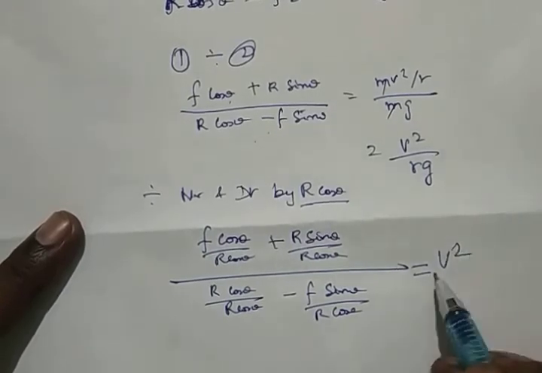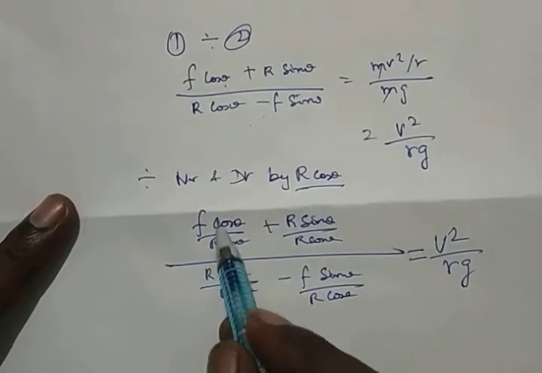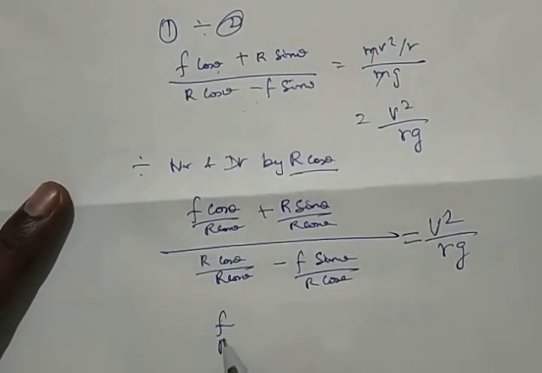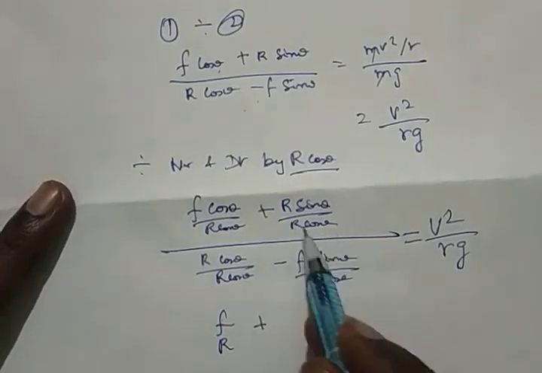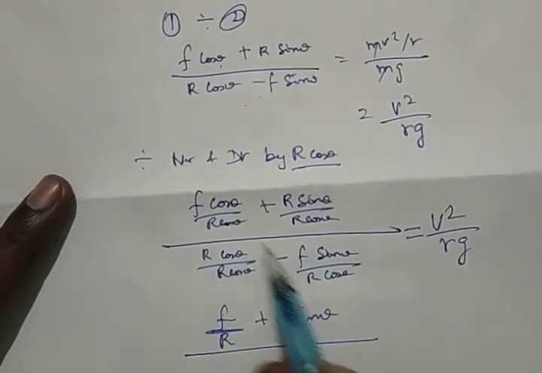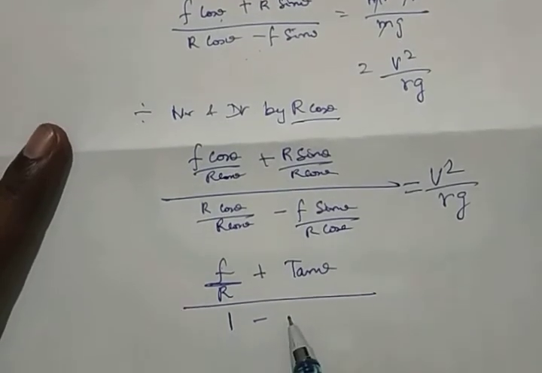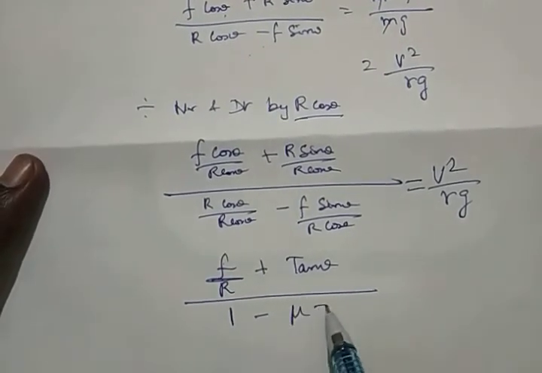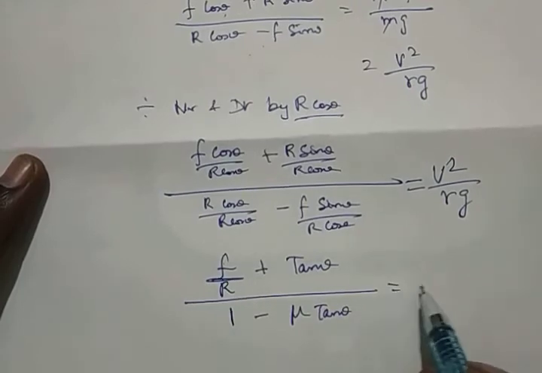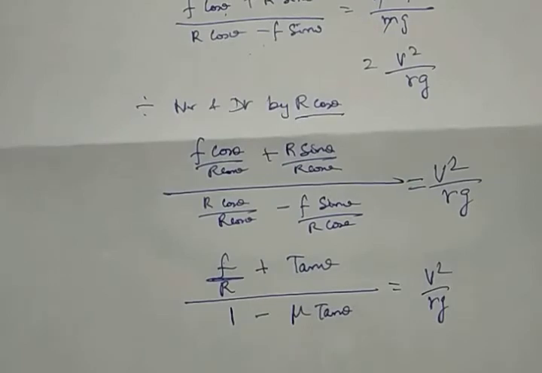This is equal to v square upon rg. So what will be finally here? F upon R plus, everything will cancel, tan theta. This is the top numerator. Denominator, what will happen? 1 minus mu tan theta is equal to v square upon rg. Right?